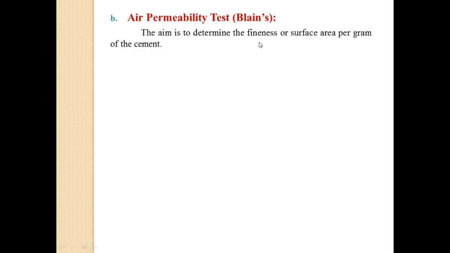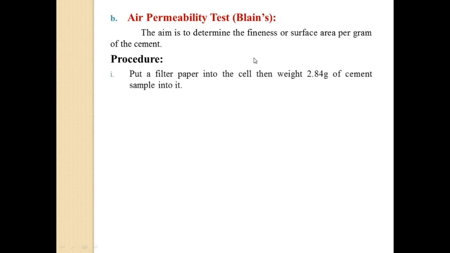The principle of this test is that the fineness of cement is measured as specific surface, and the specific surface is expressed as the total surface area in square meters of all cement particles in 1 kilogram of cement. That is, the higher the specific surface area, the finer the cement will be. So let us see the procedure one by one.